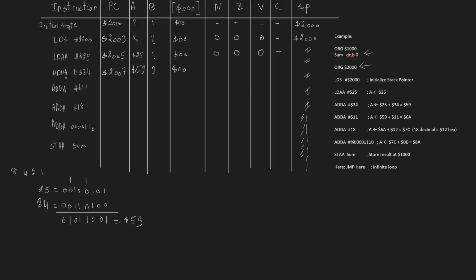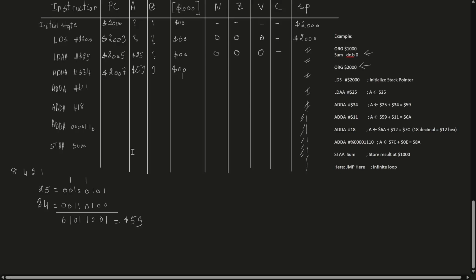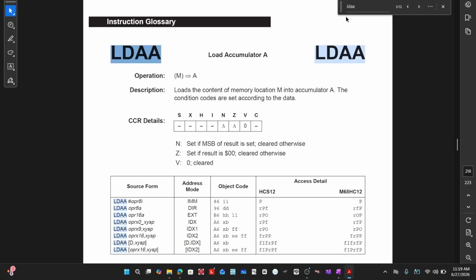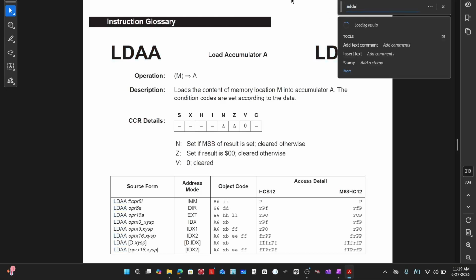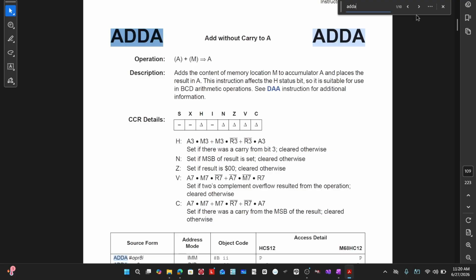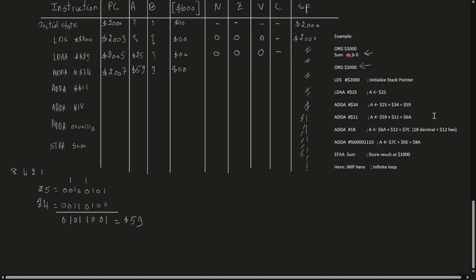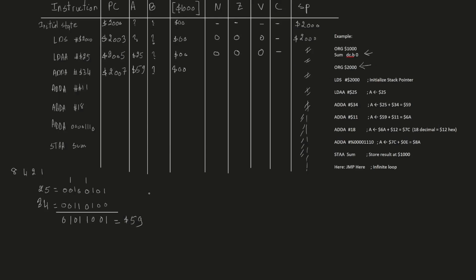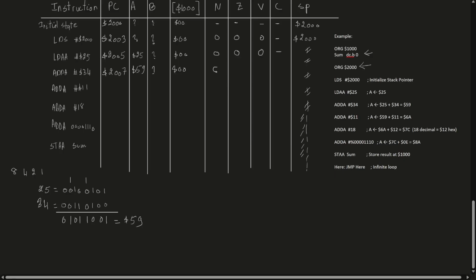And now from ADDA, let's see which flags get affected. So we go to the instruction glossary, we search for ADDA. ADDA, all the flags get affected, N, Z, V, and C. So let's go back and try to figure out those flags. So from this instruction, the most significant bit is 0. So that means this is not a negative number. So this flag will be 0.